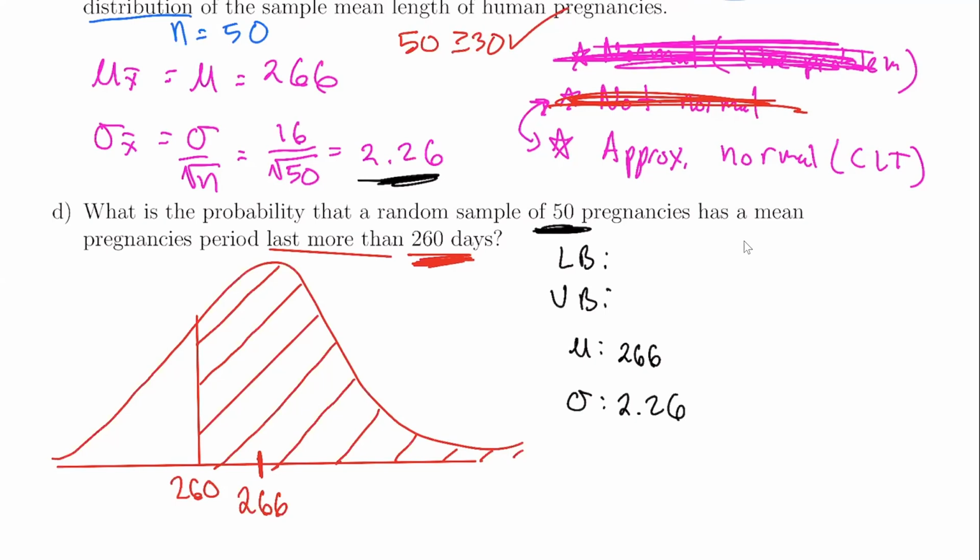All right, so let's do the lower bound. The lower bound is 260 days. The upper bound doesn't get cut off or have an end, since theoretically it keeps on going to the right-hand side, all the way to positive infinity, which is 10 to the 10 power.